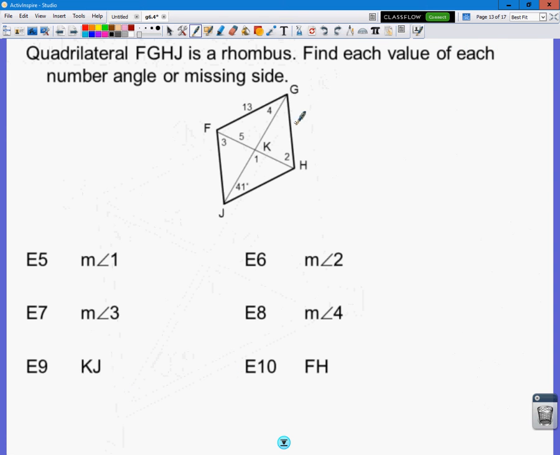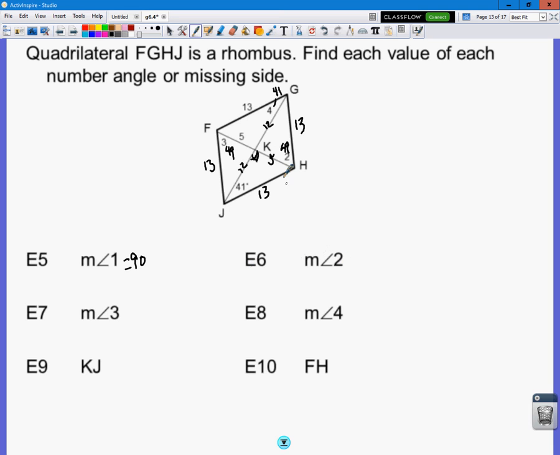This was 13, 13, 13, 13, 5. Angle 2 was 49. 3 and 5, 3 was 49. And this was 12, this was 12, this was 41. So any one of these questions I should be able to answer. Angle 1 was 90 degrees because it made a perpendicular line.